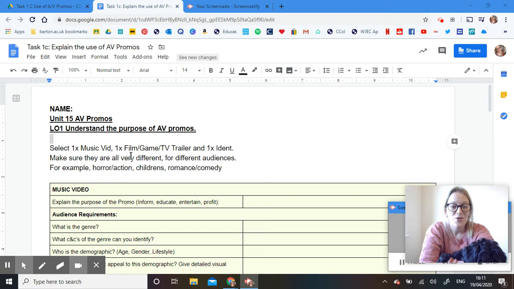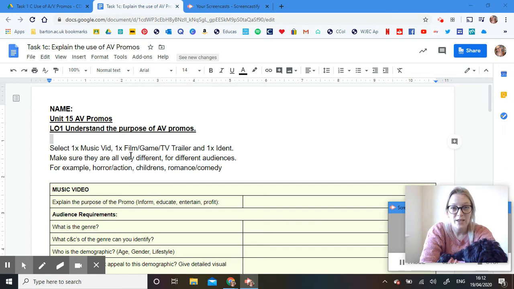Okay, so that's really important, because if you pick something that's got like a horror theme running through all 3, it's going to be really difficult for you later on. So you really need to have 3 very different products and 3 very different audiences for these products.